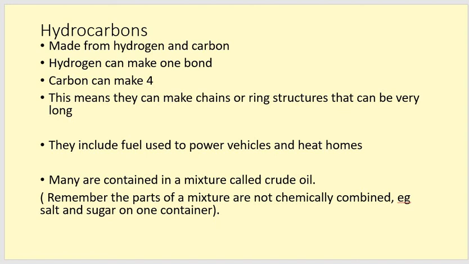Carbon, on the other hand, because of its electron configuration, is able to make 4 bonds. So that means that hydrogens and carbons can join together, and they can either make chains if they're in a long line of them, or they can make ring structures, and they can make very long, very complicated molecules. But hydrocarbons actually only have hydrogen and carbon in them.